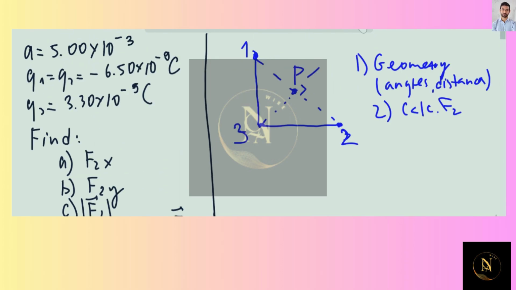So as we know, angle 3P2 equals angle 3P1 equals 90 degrees. And we also know that this guy, angle 132, is a straight angle.